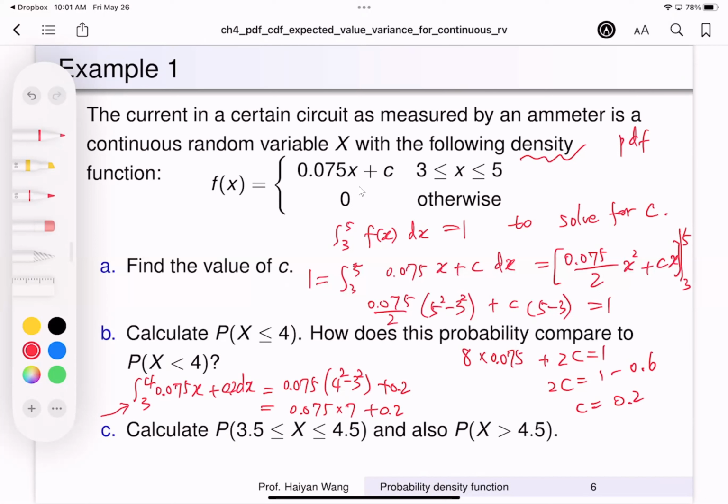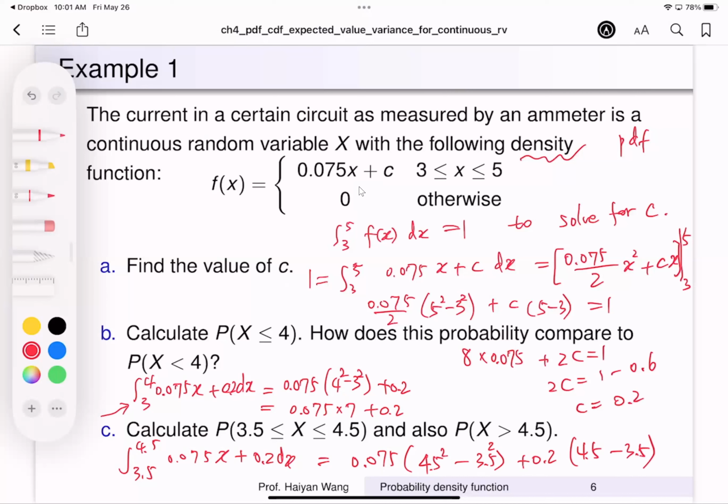The next one, we would integrate from 3.5 to 4.5, and you also put in the density function here and then integrate it. So what we get is 0.075 times 4.5 squared minus 3.5 squared, and then plus 0.2 times 4.5 minus 3.5. So that will give that probability.